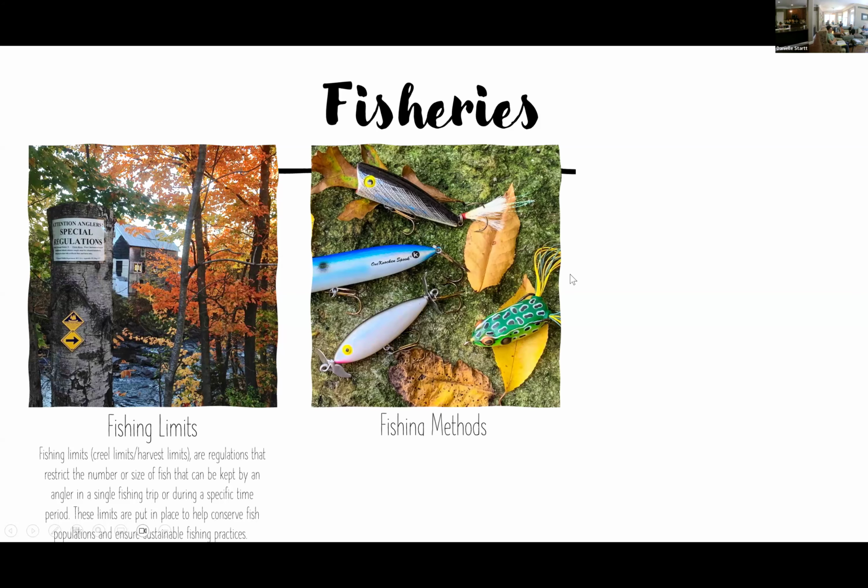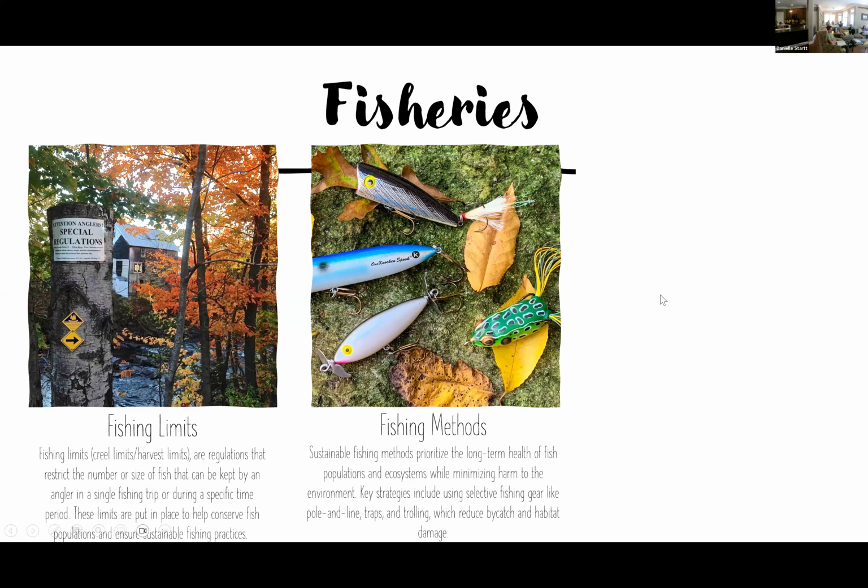Now, fishing methods, those are called what? None of the juniors knew. Lures, right? So those are lures. And sometimes you use lures, sometimes you use live bait. There are limits on methods. Anything from you may fish with lures here to you may fish with live bait. You may not do one or the other. And anything from that to the type of pole you use, the type of line you use, whether you're using a net or not.